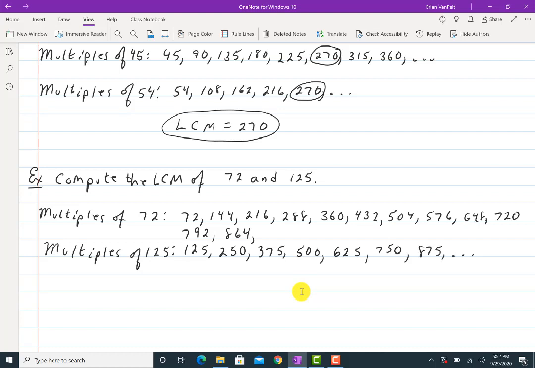Well, the thing is, this goes on forever. Actually, the point of this example is that this method where you count up the multiples may not always be the best way to do it, because as this goes on, guess what? They don't have a common multiple all the way until 9,000.